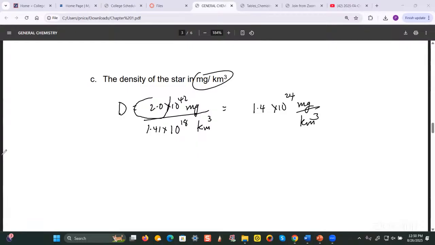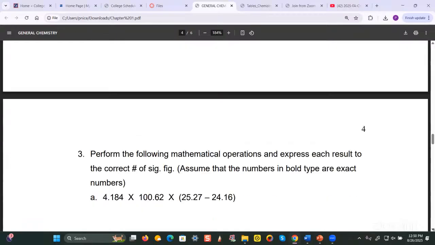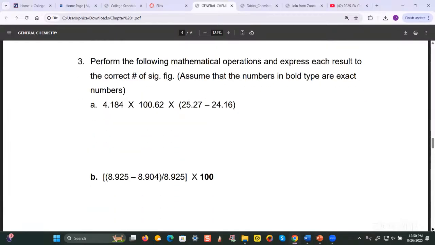Okay, let me clear this and scroll down. So basically you're given some calculations to do, and your final answer must be expressed in the correct number of sig figs or decimal places, depending.